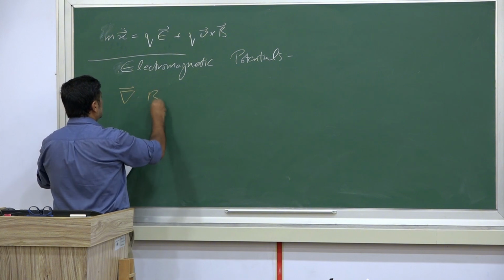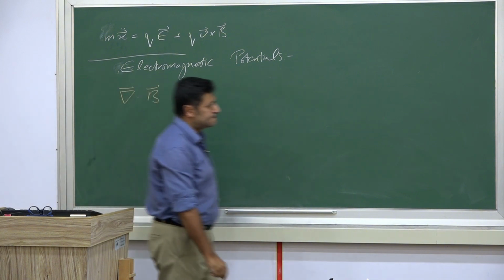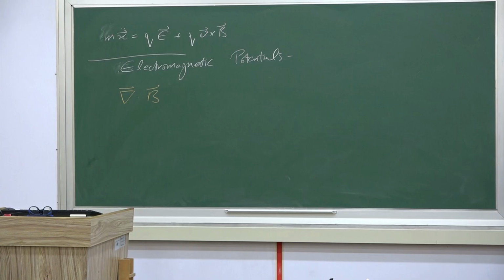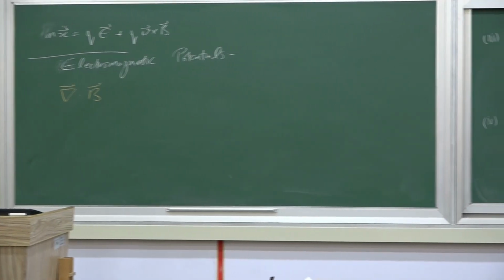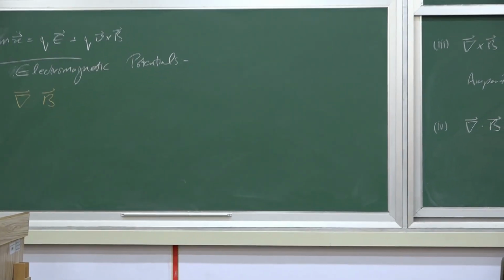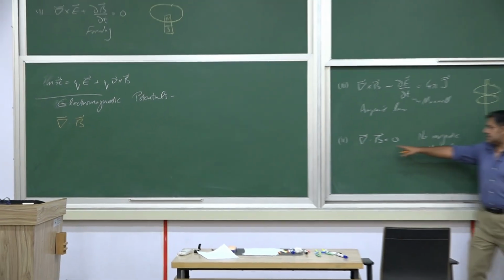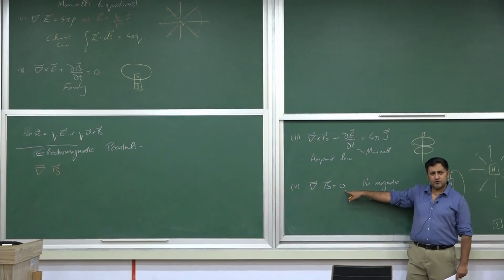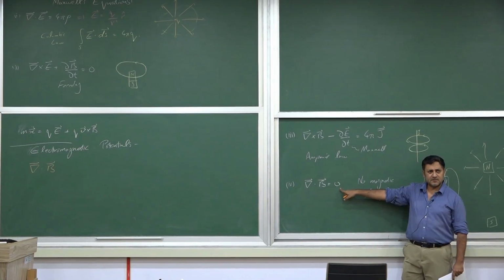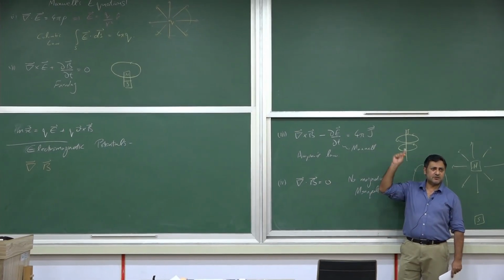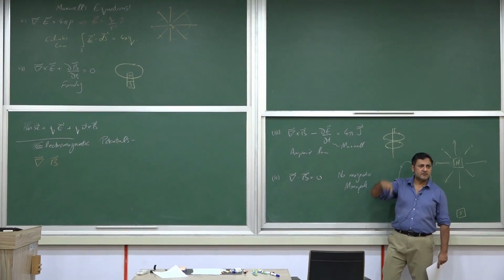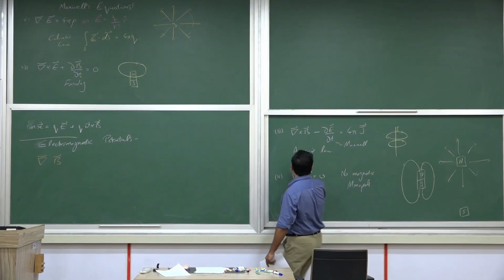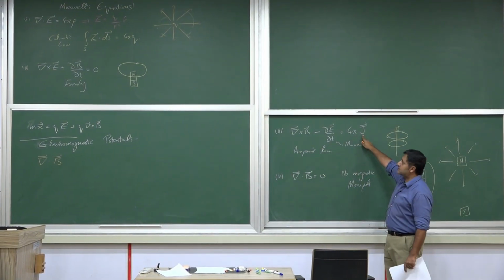So what you do, by the way, first of all, let me just emphasize something again. Over here I said that this thing is saying that there are no magnetic monopoles, there are no magnetic charges. So you can't also have a current of magnetic charges. So if you look at this thing, this has electric current on the right hand side.